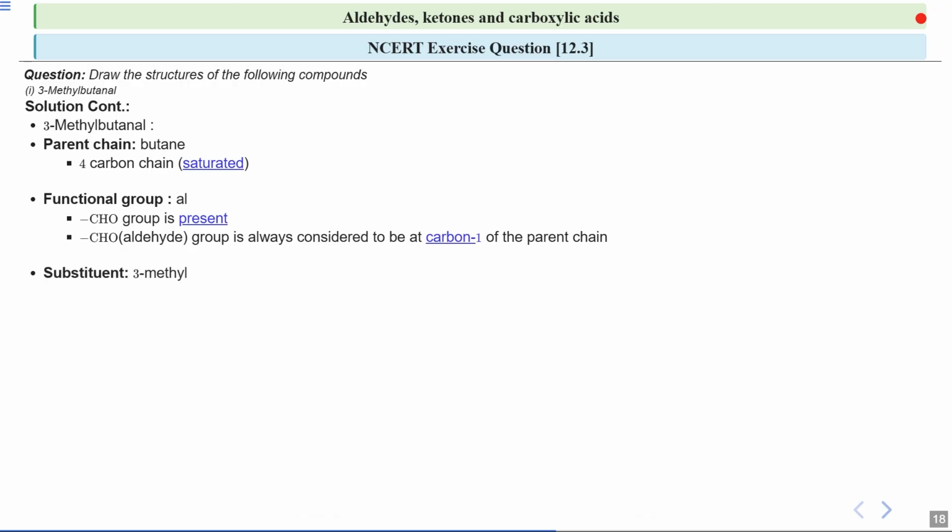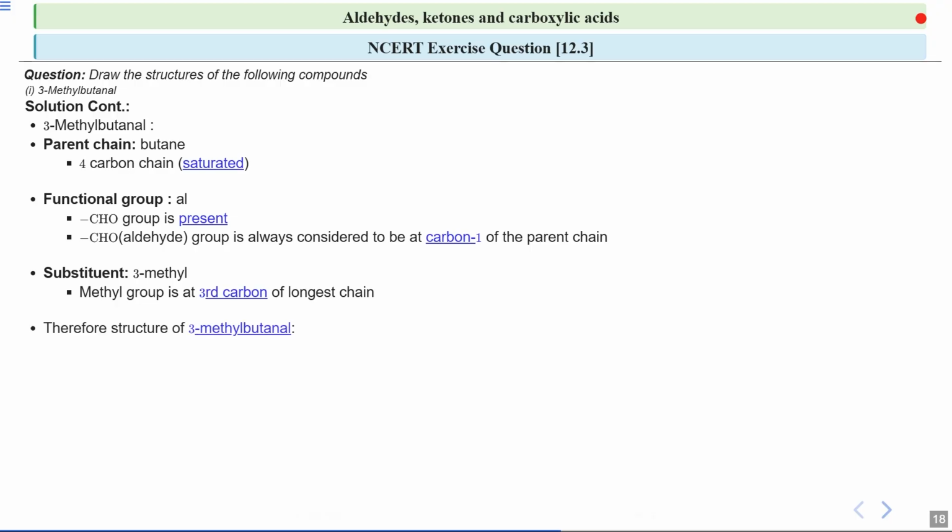Next, you have to write any substituents that are present. Here we are seeing 3-methyl. That means a methyl group is at the third carbon of the parent chain. So a methyl group is attached to the third carbon of the 4-carbon chain.